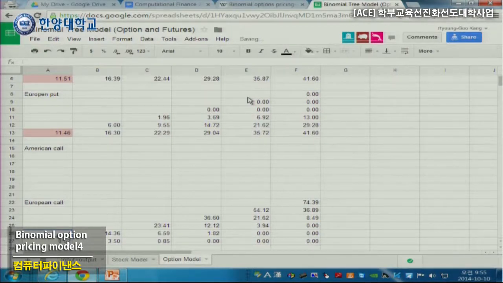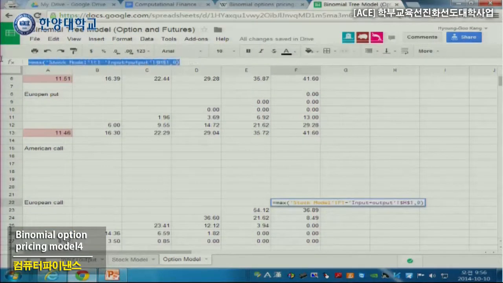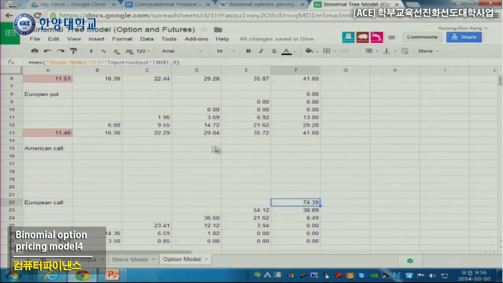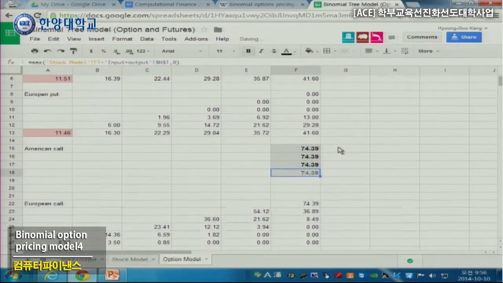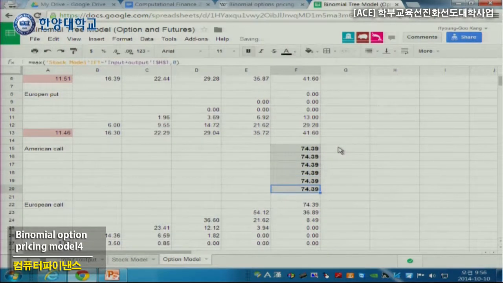So the European call option price is this one, and then for the American call option price, okay, the final price is the same.